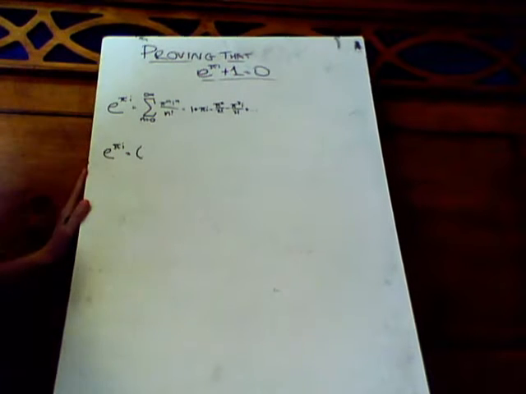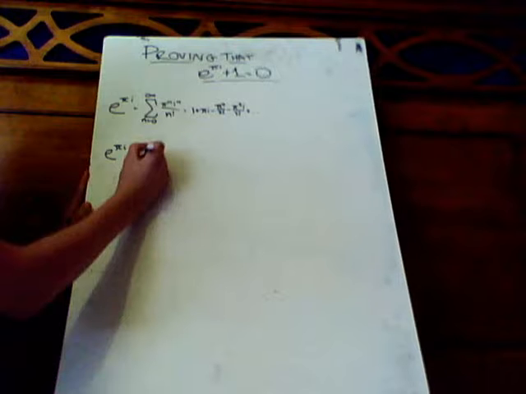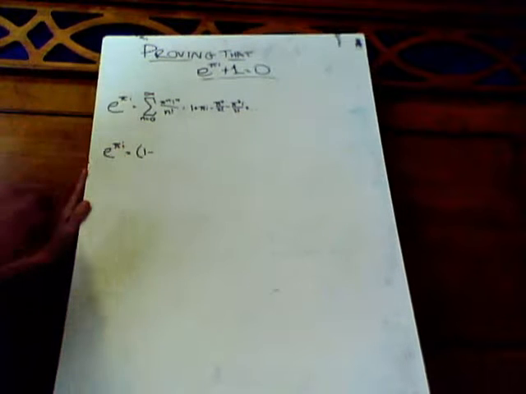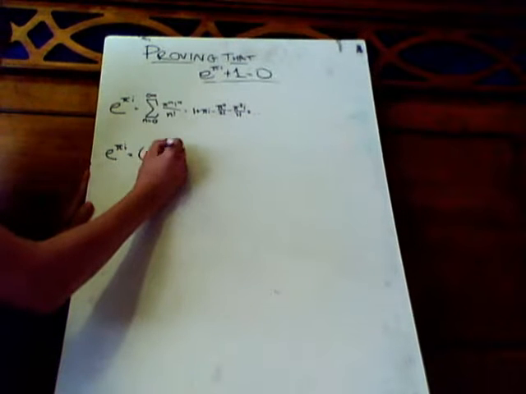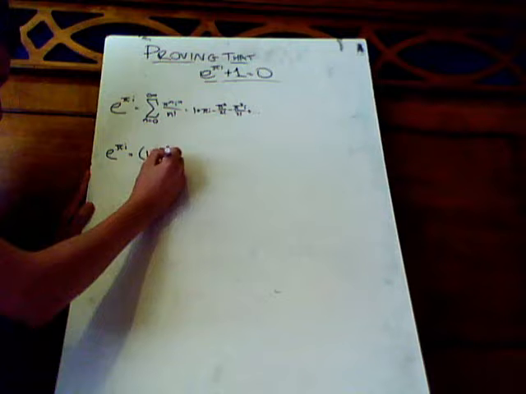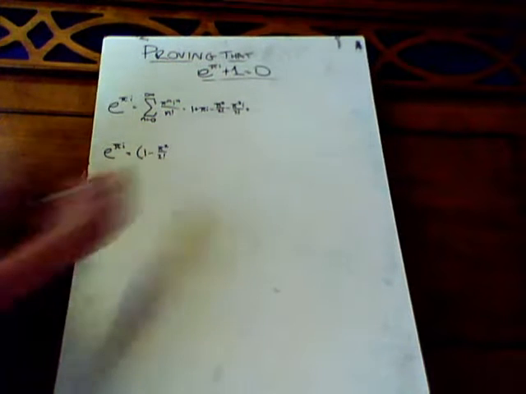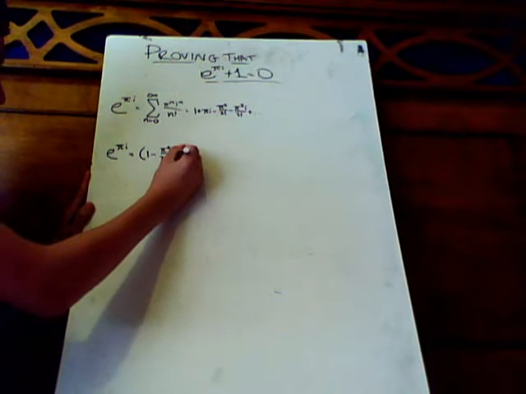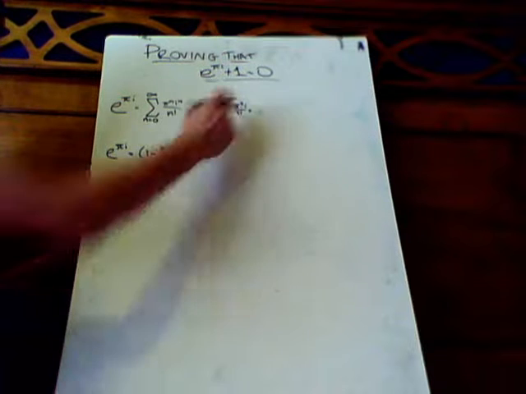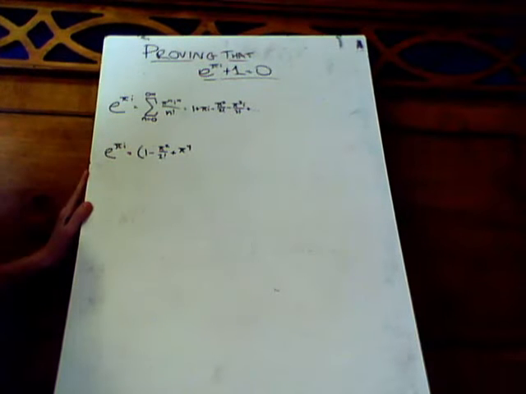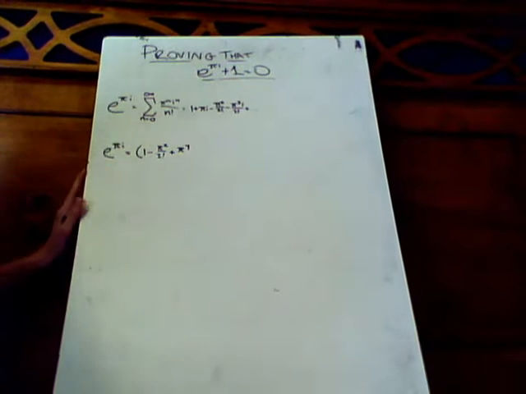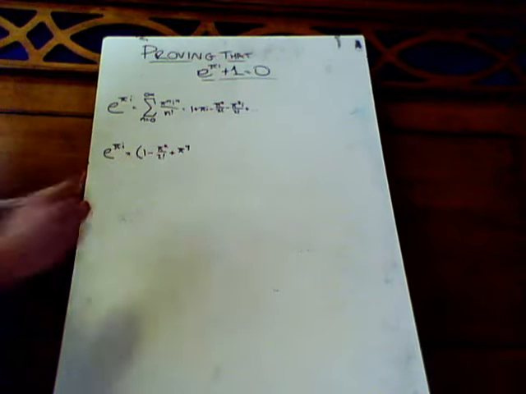Sports and everything. Good. So we get 1 minus pi squared over 2 factorial plus pi to the fourth over 4 factorial. I didn't show this in the expansion up here, but if you work it all out, like up to the 5th power, you'll see it.